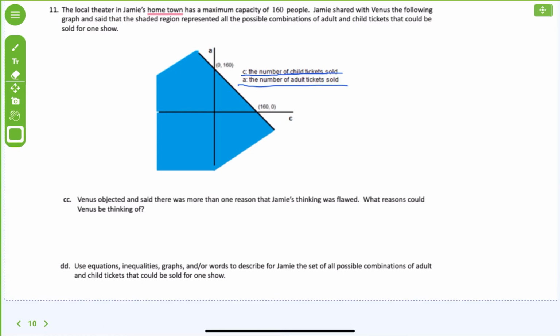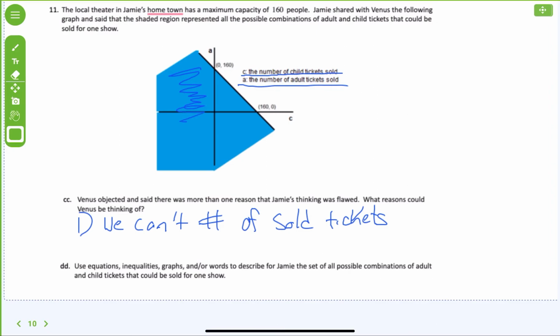All right. One reason would be we can't have a negative number of sold tickets. Which would be everything over here, right? This would be negative, this would be negative, these would be negatives. Well, we can't have that. Okay? So, another reason would be what? Everything in here is whole numbers and fractions, right?